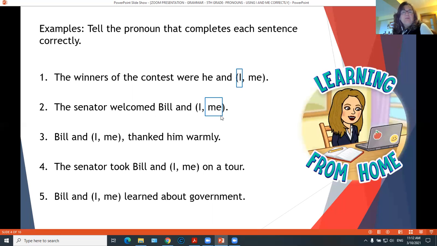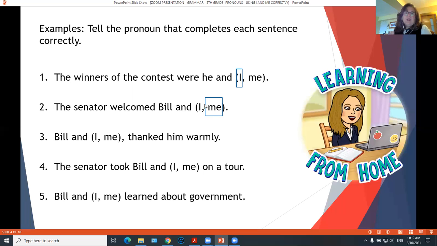So we use me, okay, because this is the object of the verb in this case. And we use me. We don't say the senator welcomed Bill and I. We say the senator welcomed Bill and me, okay? Also, if we apply the trick that we were looking at in the past slide, if we leave Bill out, we will say the senator welcomed me.